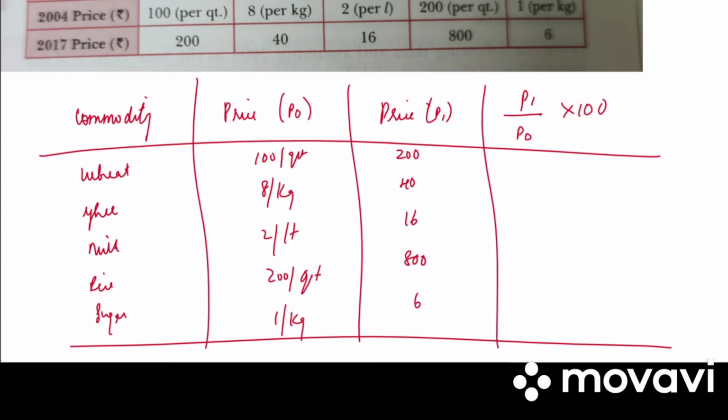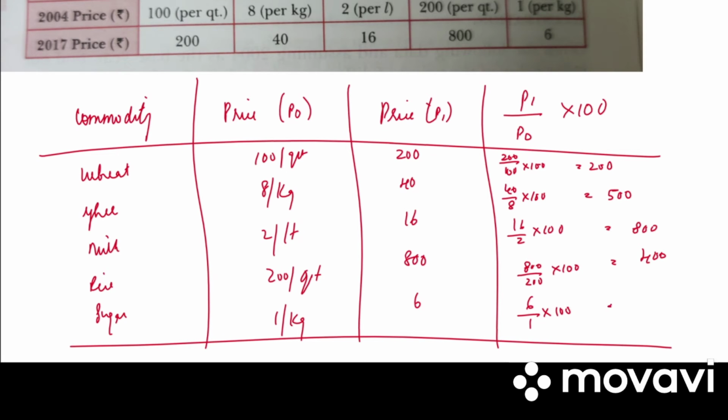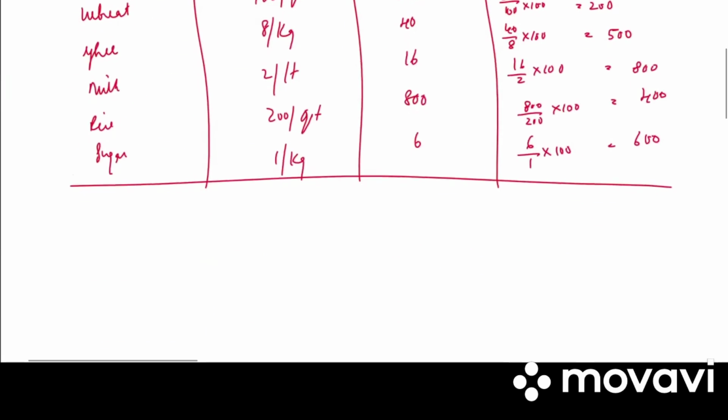So P1 by P0 into 100 is how much? 200 divided by 100 into 100, 200. 40 divided by 8 into 100, 500. 16 divided by 2 into 100, 800. 800 divided by 200 into 100, 400. 6 divided by 1 into 100, 600.